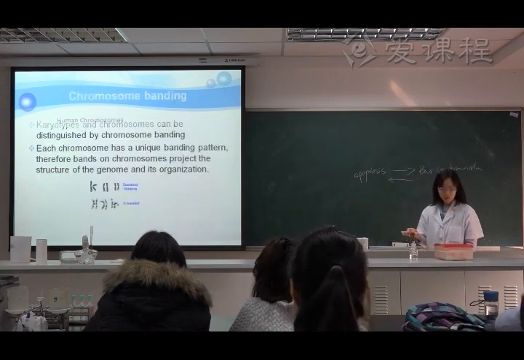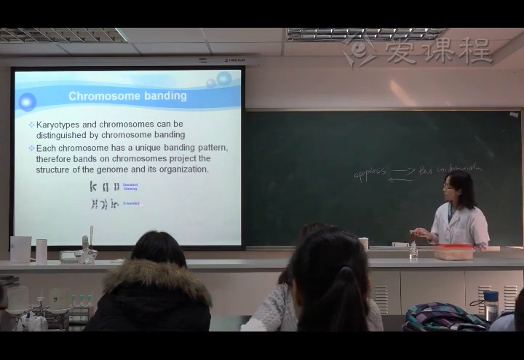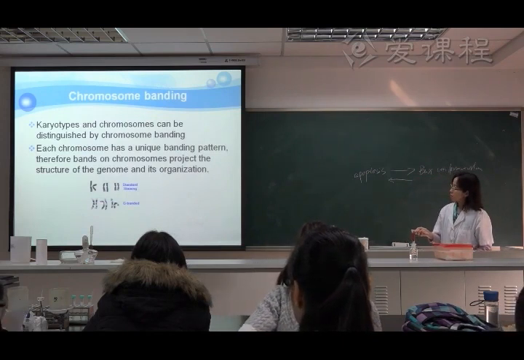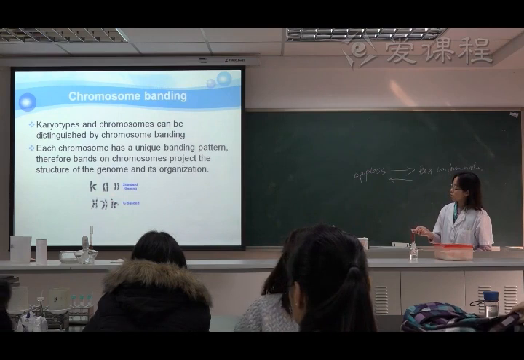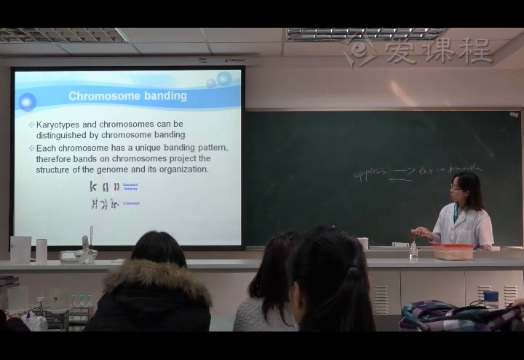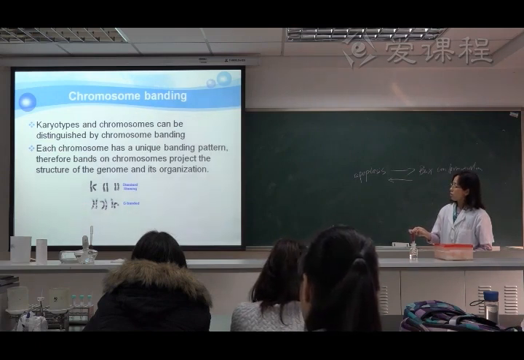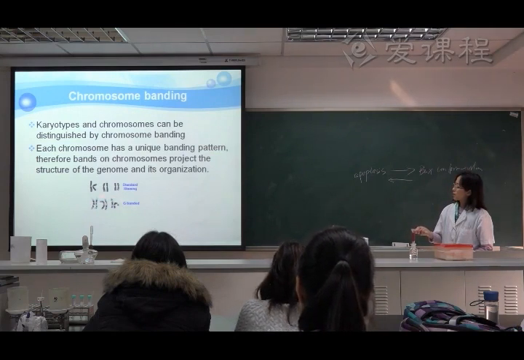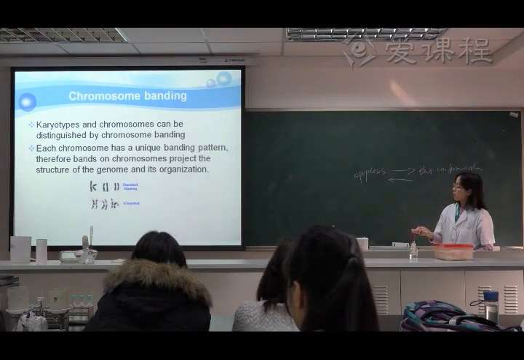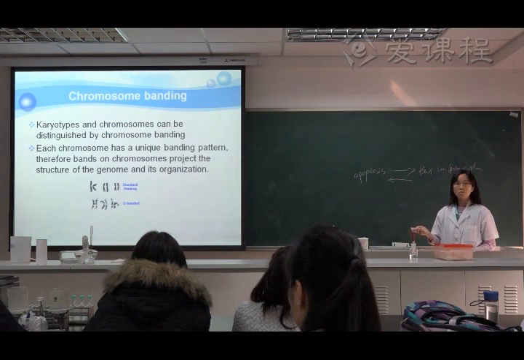Then scientists found, you can see here is the same chromosome. However, on this chromosome we can see there are some bands. So we can distinguish the chromosomes by chromosome banding. Chromosome banding is today's experiment.